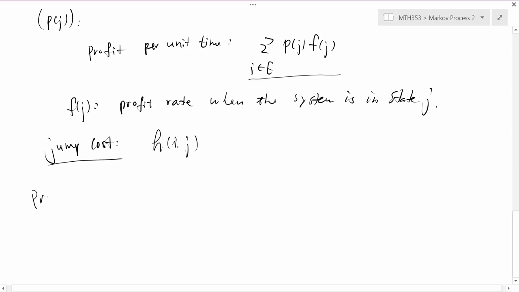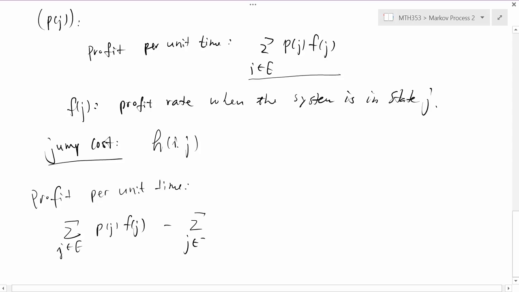Profit per unit time: you first calculate the sum over j of Pj times Fj, and then you need to take away something, still weighted by the probability Pj.